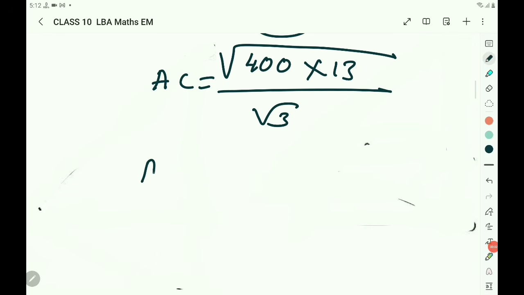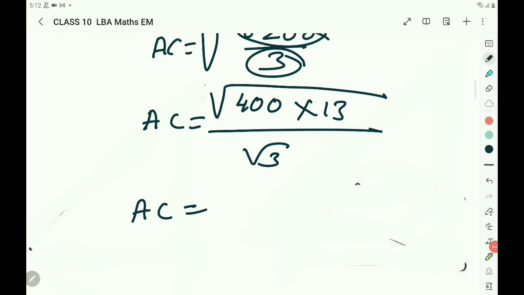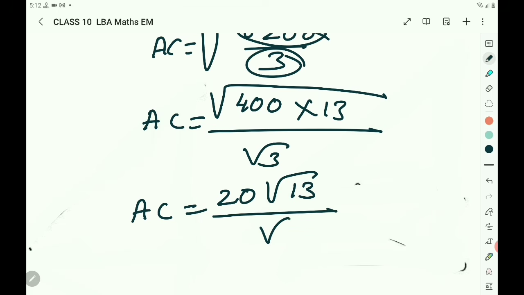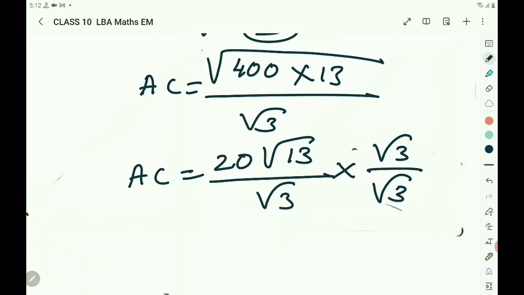Then AC equals root of 400, which is 20. 20 root 13 by root 13, and multiply both numerator and denominator by root 3 to cancel the root in the denominator. Root 3 by root 3.